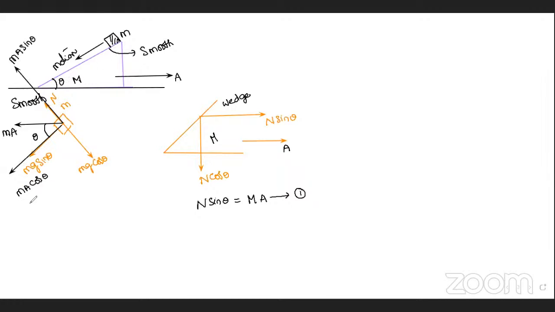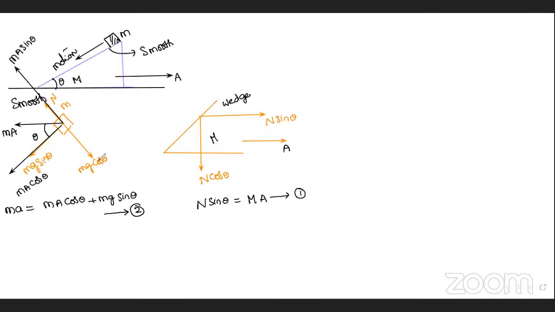Very good. So along the inclined plane, F net I am finding out. One is ma cos theta, other is mg sin theta. Both are in the same direction, the red color and black color. This is F net. F net is m into a. This is equation 2. Here we have three unknowns: N, capital A, small a.